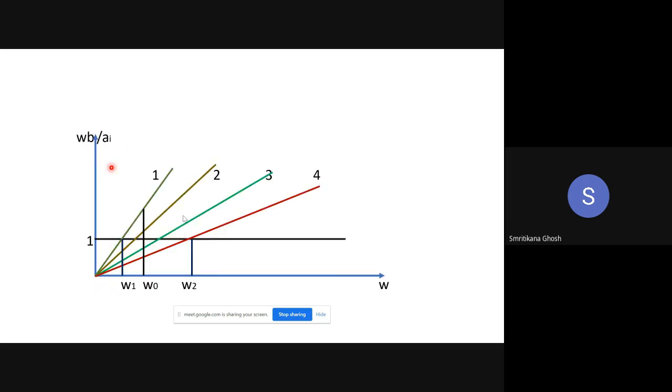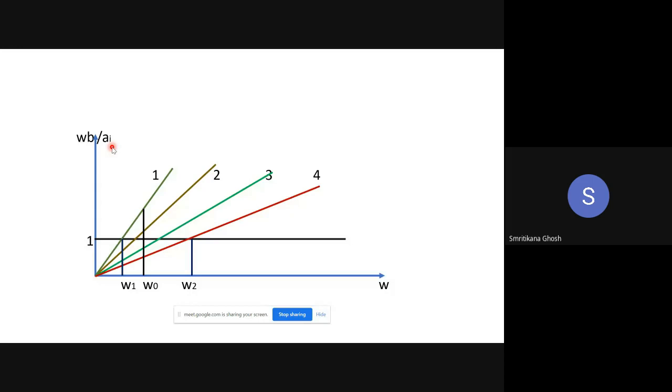Only if small w is changing, then W into Bi by Ai will change. And the small w is measured on the horizontal axis. So if w is changing, W into Bi by Ai will also change by the same proportion.